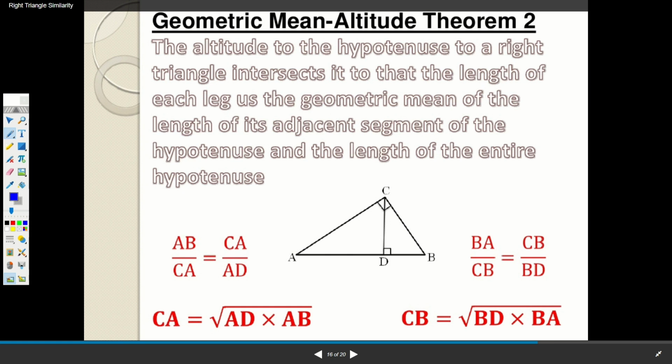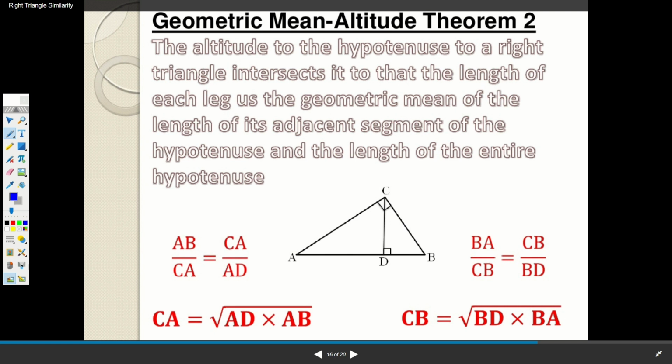So if we're going to solve for segment CA, which is adjacent to segment AD, we're going to use this proportion. AB all over CA is equal to CA all over AD. Then, if we apply cross product, we will have CA is equal to the square root of AD times AB.